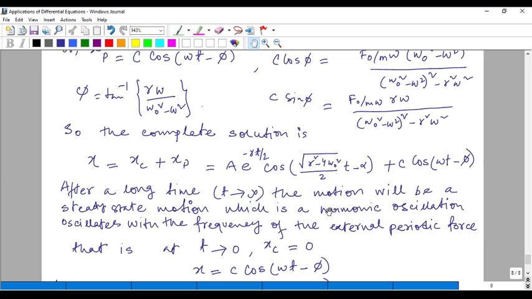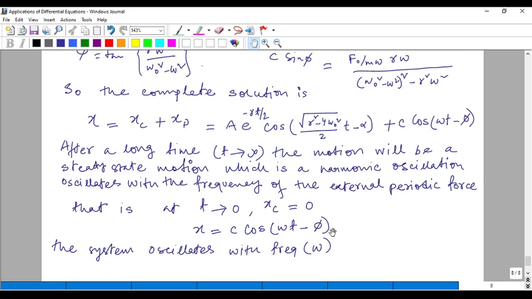So now we are concerned with the motion after a long time, when t tends to infinity. After a long time, you see this term is 0, because e to the minus gamma t by 2 is 0 at t tends to infinity. So x equal to C cos of omega t minus phi, and this is again a simple harmonic oscillation.